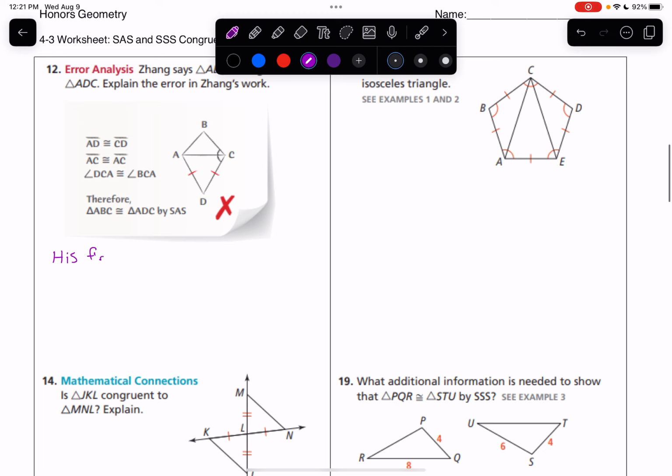His first two sides are from the same triangle.